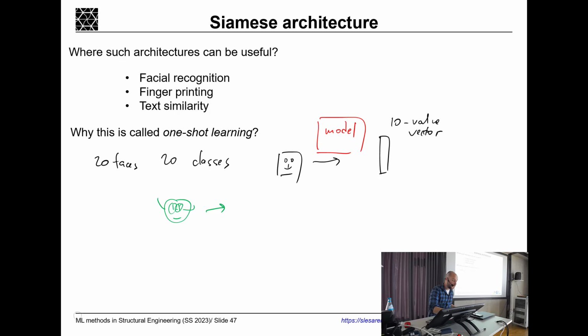I do not train the model. This is probably a new class, or maybe it's someone who is already in the system. I put that through my model. We have training here, and here we don't have training. And it gives me another 10-value vector.